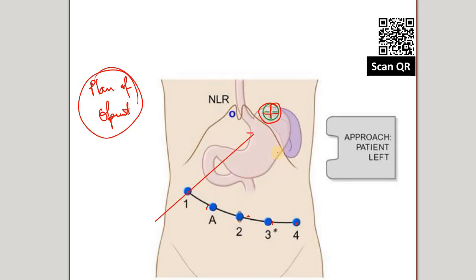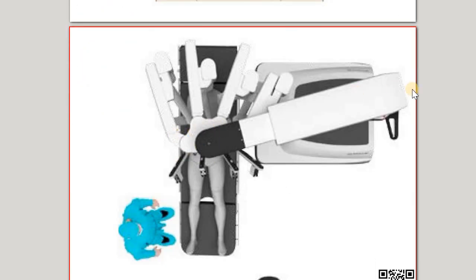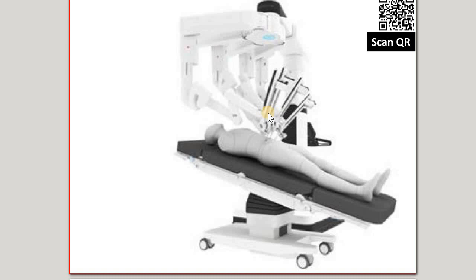So the robotic arms will try to access this part, and see, this is how the actual setup looks in the real world. The entire robotic system is working above the patient like this. There are various arms over here. Remember, these are the 4 arms of Da Vinci Z.